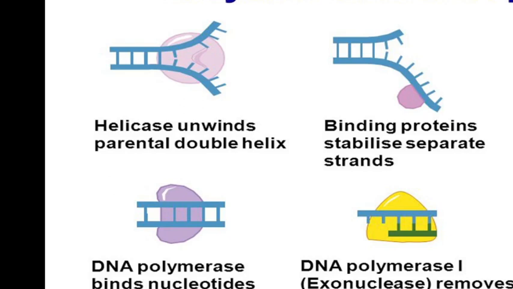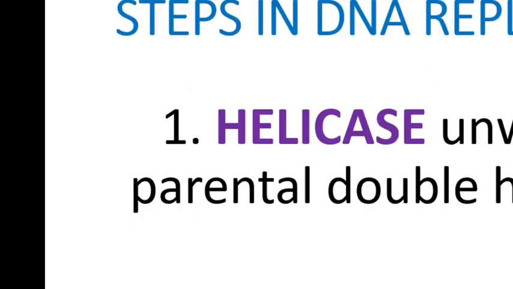So, these are all the enzymes that we have in your DNA replication. So, here are the steps that we are going to be following in order for us to complete the DNA replication. So first, we will have your helicase.